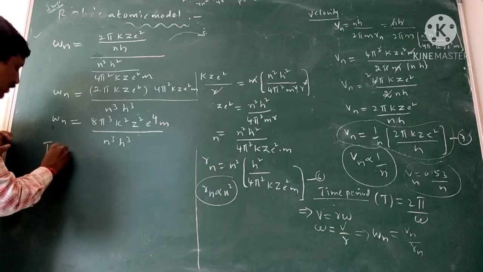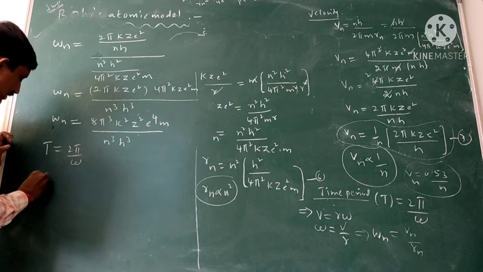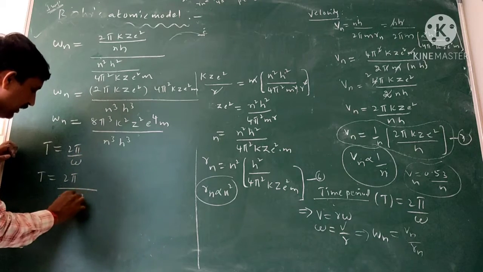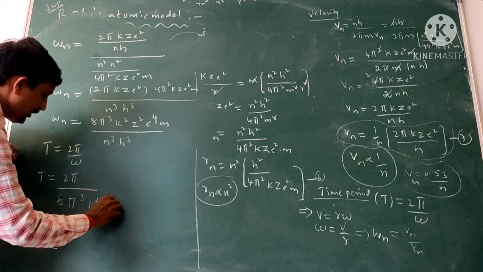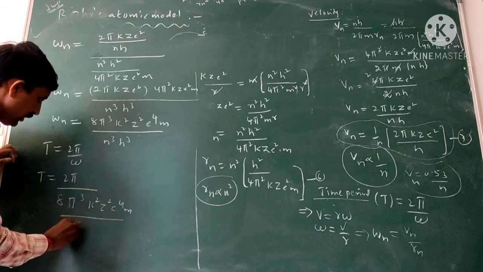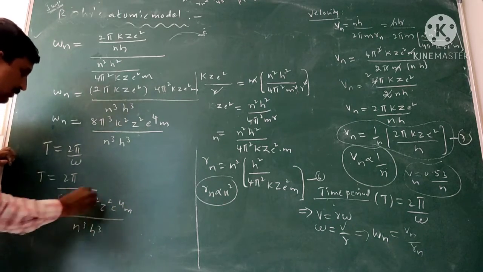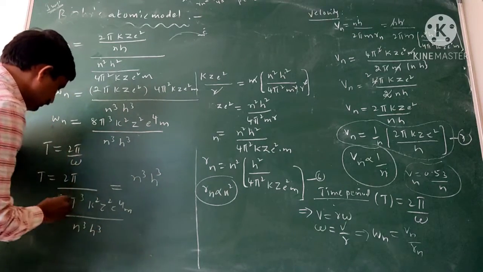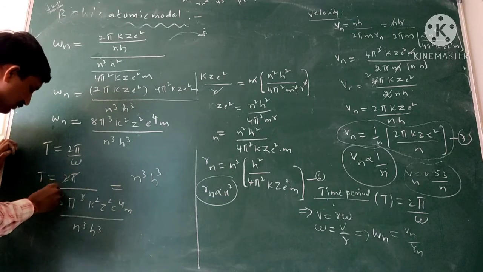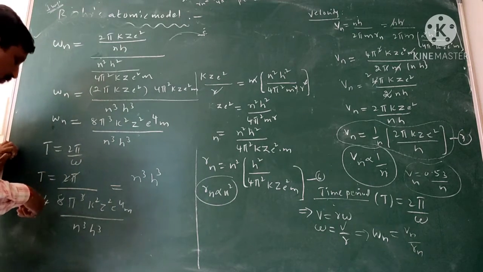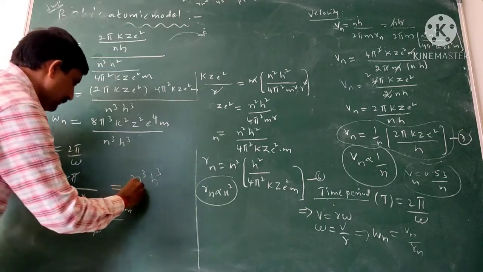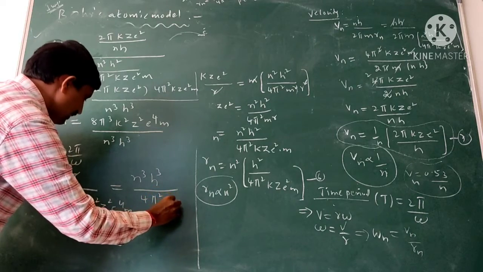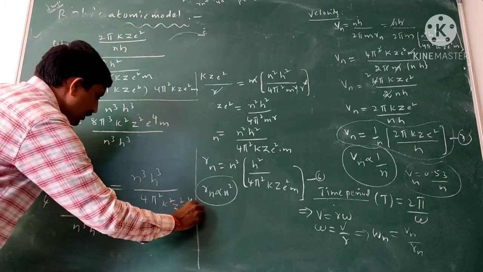So time period T is equal to 2 pi by omega. That is equal to 2 pi by the value of omega, 8 pi cube k square z square e power 4 m by n cube h cube. So that should be equal to n cube h cube. Here pi gets cancelled, 2 ones are 2, 2 fours are 4. n cube h cube by 4 pi square k square z square e power 4 into m.